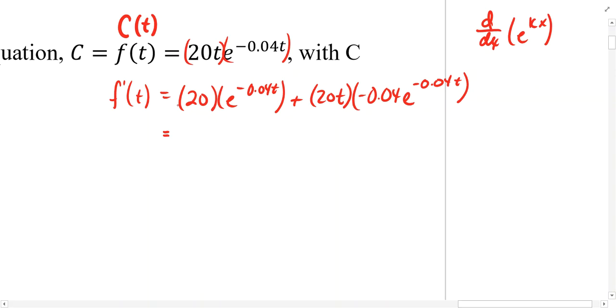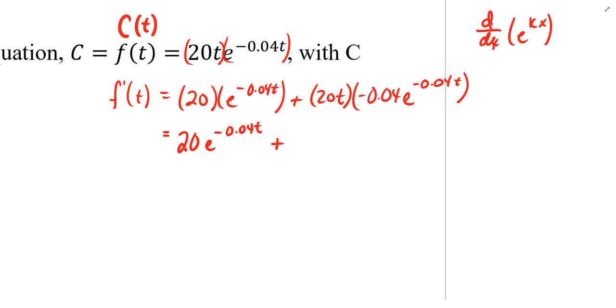It doesn't look too bad to me, so I'll simplify just a little bit. This first term we'll call 20e to the negative 0.04t power. For this one, I'll multiply 20 times 0.04. I know that 20 times 4 is 80, and then we have to move the decimal 2 places to the left, so that's 0.8.